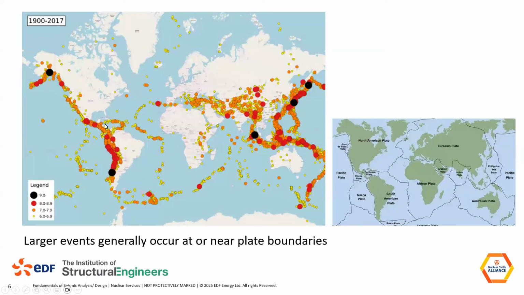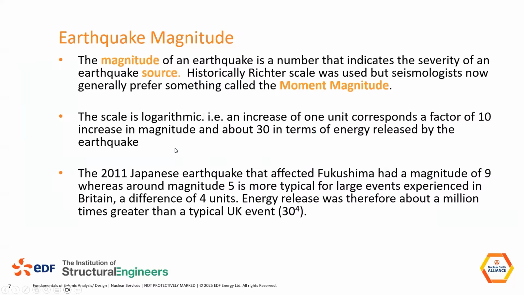That is a very active zone. Lots of the biggest earthquakes occur in that area. But generally it's at the boundaries of plates, and you can see in the UK we are nice and safe in the middle of the Eurasian plate, or not quite in the middle, but away from the edges, and no real significant earthquakes recorded.